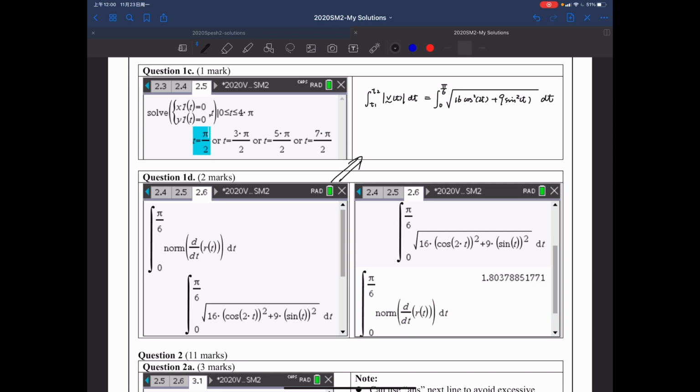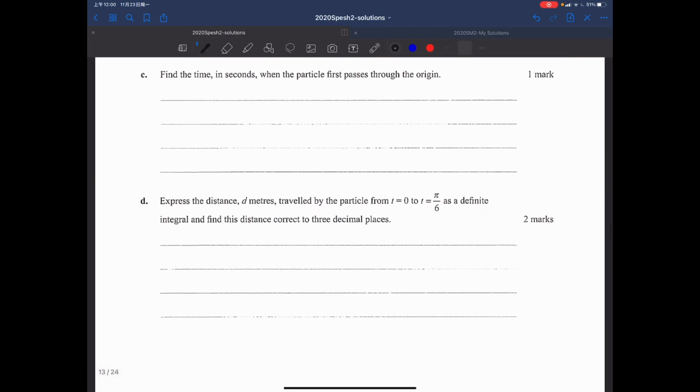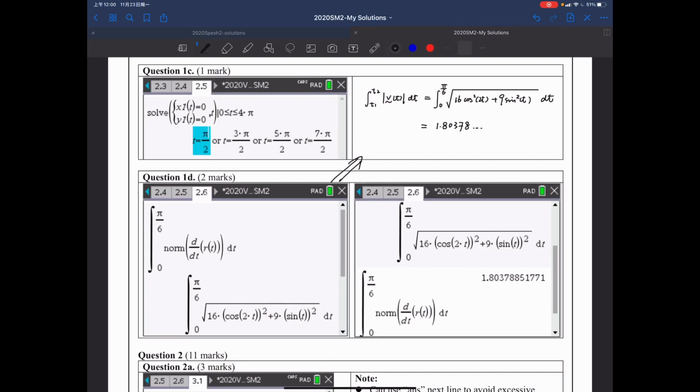And from my CAS calculator, I got a decimal approximation 1.80378, and so on. Let's see the degree of accuracy. Correct to 3 decimal places, so 1.804. The unit is meters. Very easy. So we finished question 1.